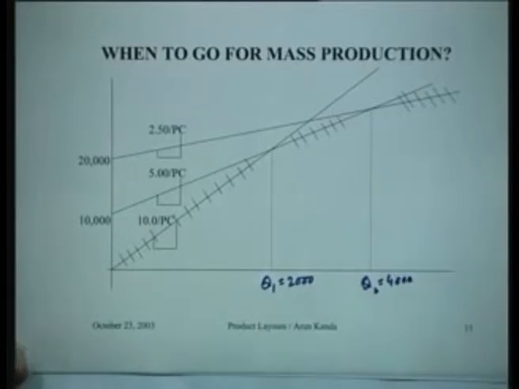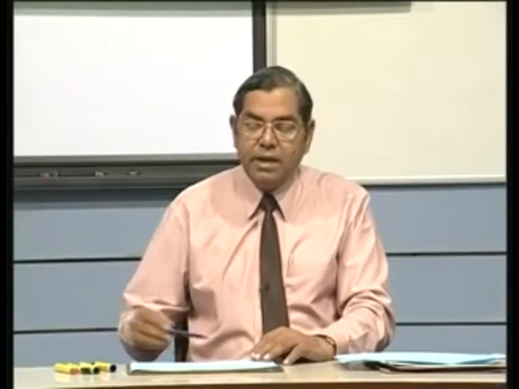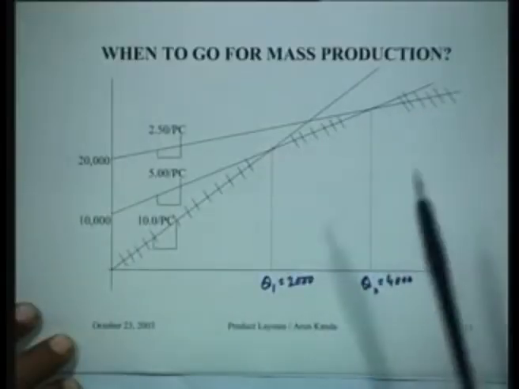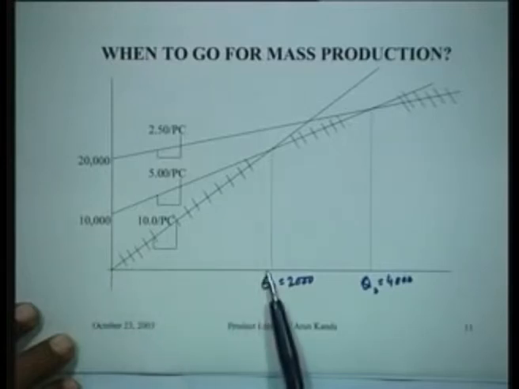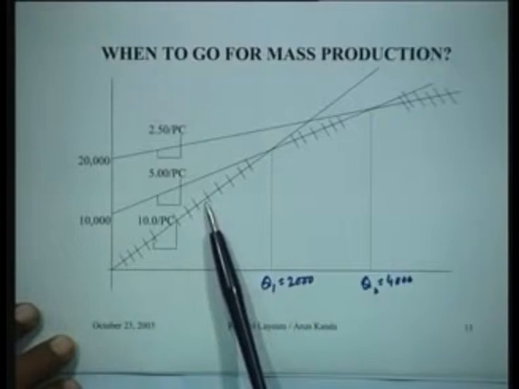Now this simple analysis tells you something very interesting. What it says is that the least cost option is the one which is shown hatched here, and therefore if your demand happens to be in the range of up to 2000, it's better to just buy the part from outside. That's the cheapest option for you.